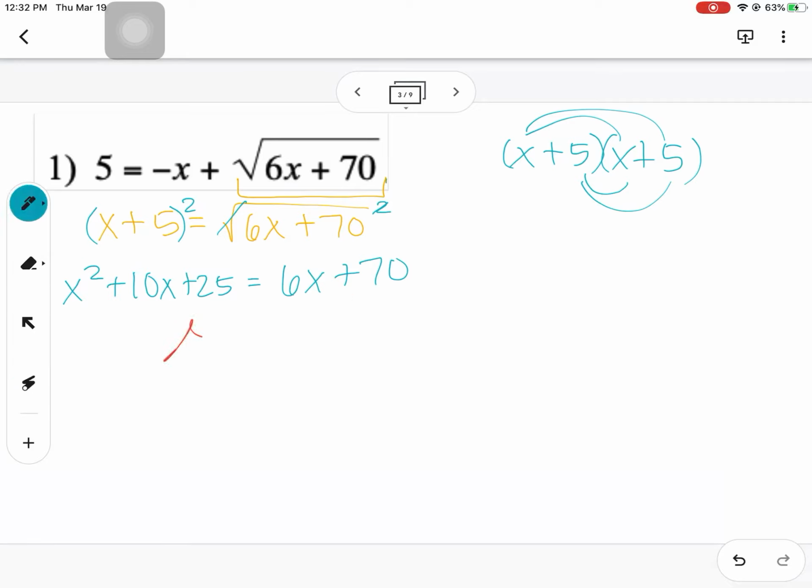Since you have an x squared, we need to set this all equal to 0, so I'm going to move that 6x and that 70 over. And you end up getting x squared plus 4x minus 45 that now we need to factor. Multiplying to negative 45 and adding to 4 is going to be 9 and negative 5.